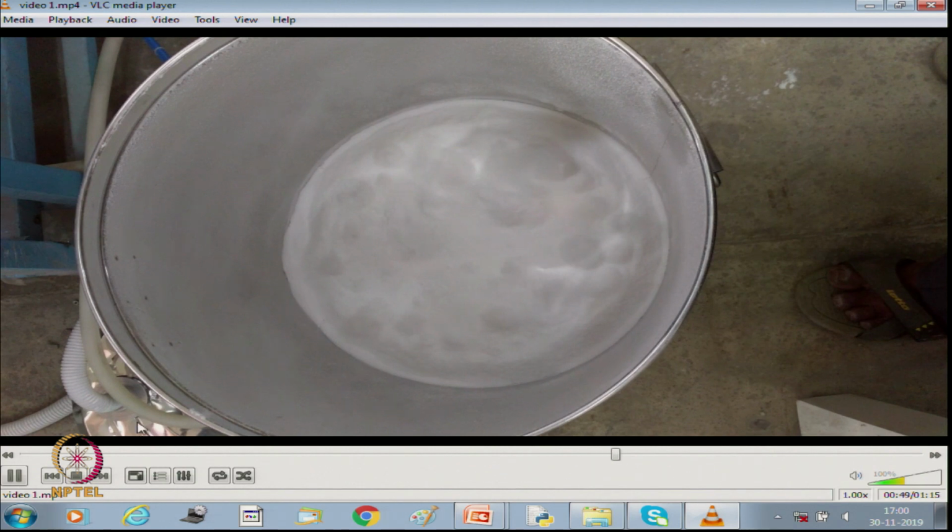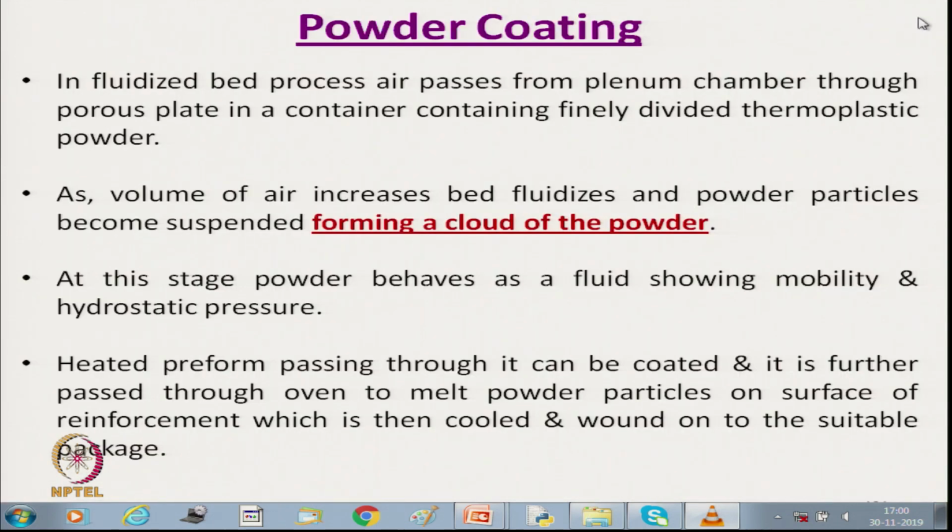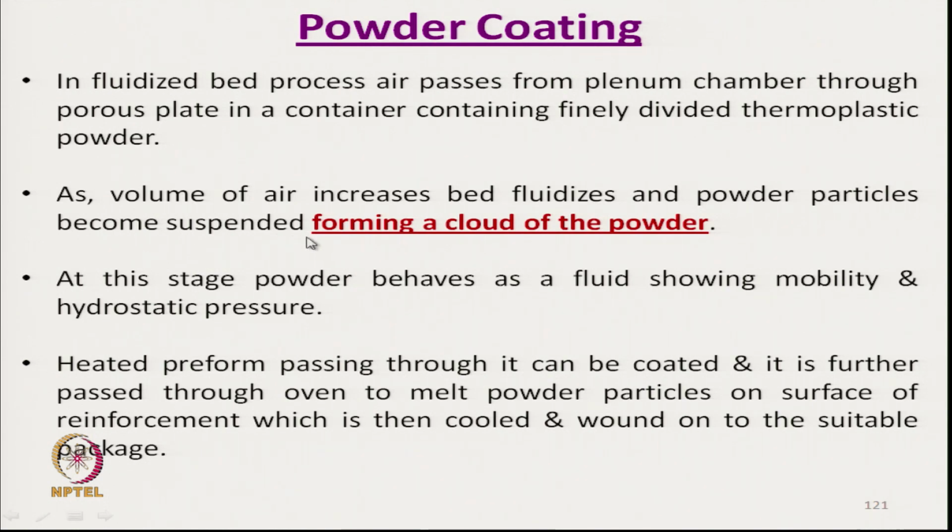Due to the air supplied, the particles will form a cloud. As the volume of air increases, the bed fluidizes and powder particles become suspended, forming a cloud of powder.